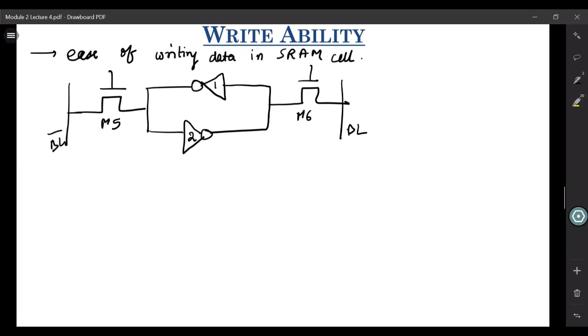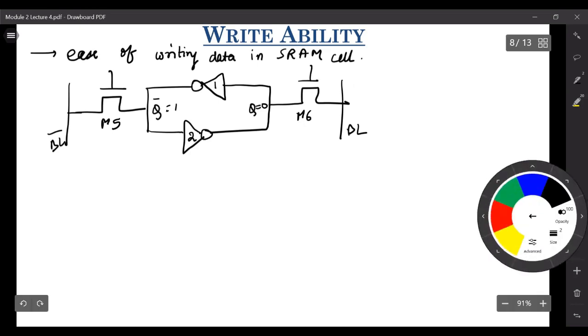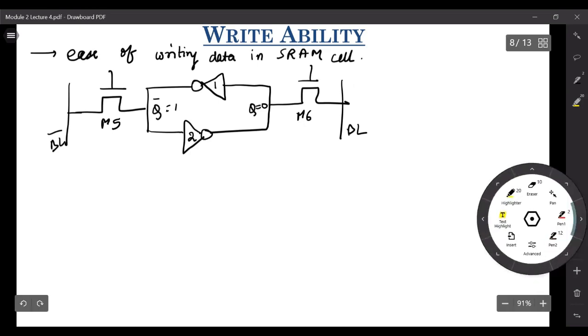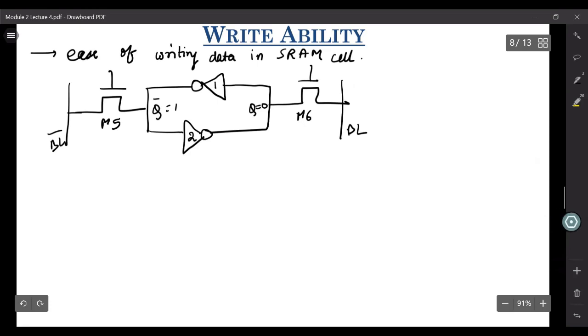Let us say we have Q equals 0 and Q bar equals 1, which is already stored. And now what we want to do is flip the content of this cell to a value where Q equals 1 and Q bar equals 0.